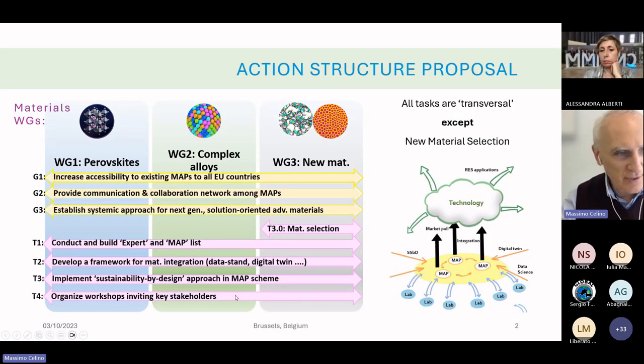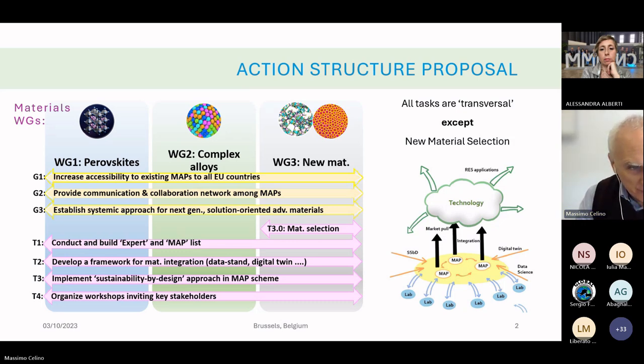The project is divided into 3 pillars. Working group 1 is perovskite. Working group 2 is complex alloys. Working group 3 is for new materials. And then there are transversal activities. G1 is for maps, to increase the accessibility to maps like IEMAP.